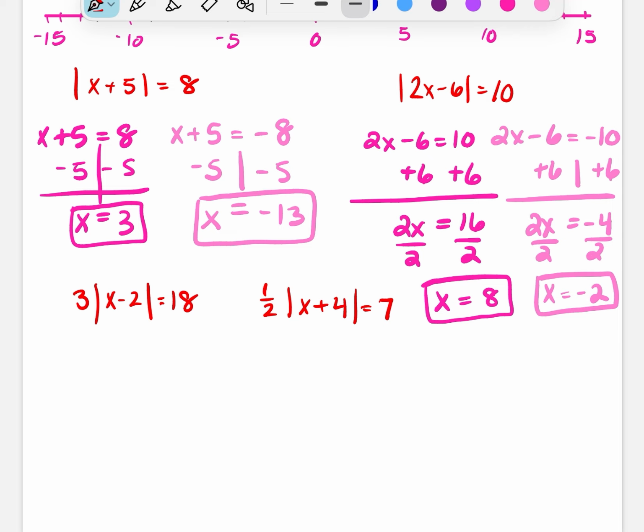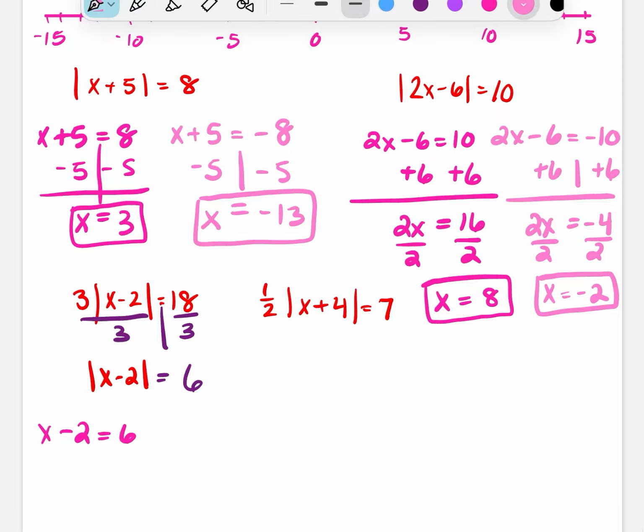So what I'm going to do is divide by 3 on both sides of my equal sign. 18 divided by 3 is 6. And now I'm left with the absolute value of x minus 2. Now I can split this up again. X minus 2 is equal to positive 6. X minus 2 is equal to negative 6. I don't want to split it until I'm left with just the absolute value bars.